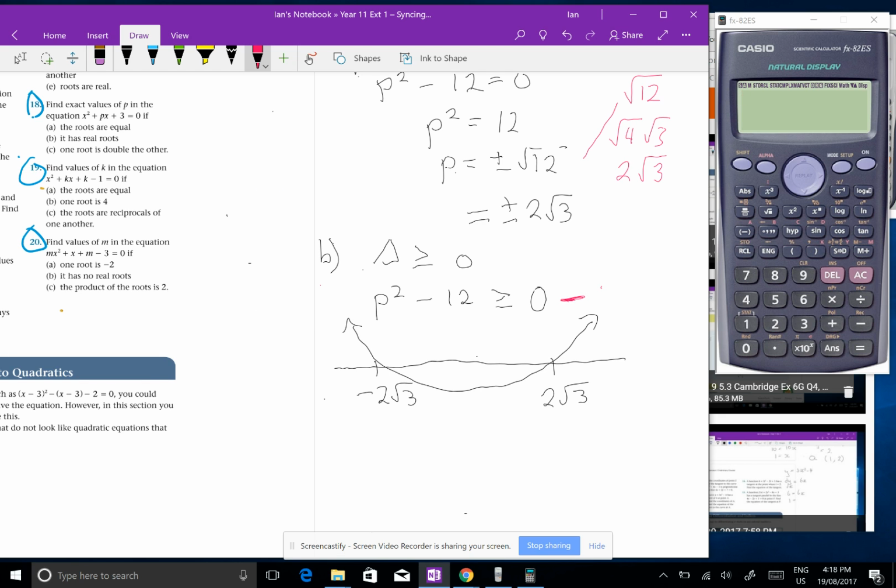And we need the parts where it's above the x-axis. So we need the parts p such that p is less than or equal to negative 2 root 3 and p is greater than or equal to 2 root 3.